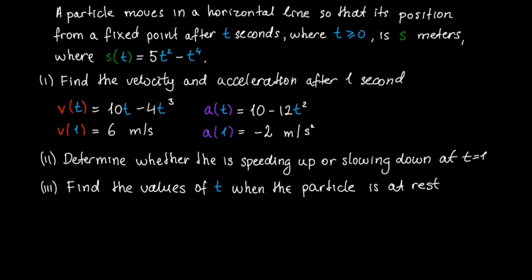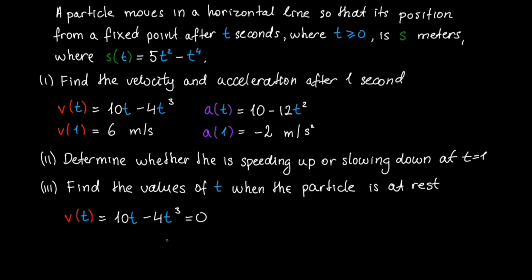Next, they ask us to find values of t when the particle is at rest. What does that mean? If the particle is at rest, that means that the velocity is going to be equal to 0. So in our case, we would simply take the velocity function and equate it to 0.